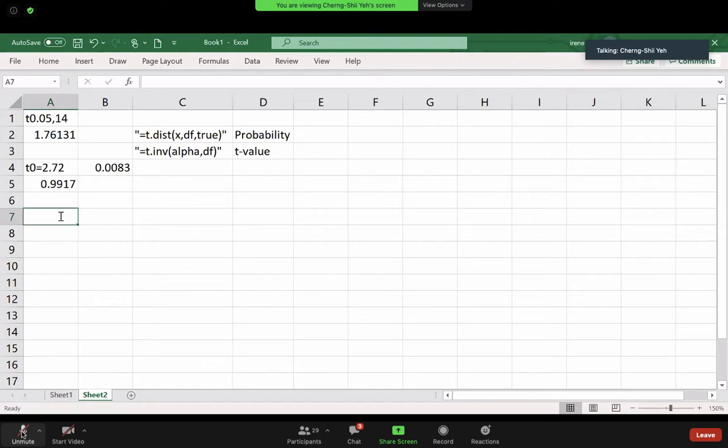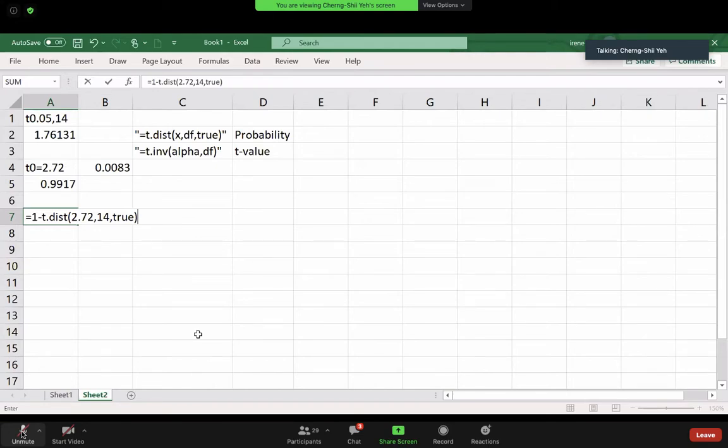So 1 subtract T.DIST. What is my x value? That's my t value, 2.72. Degrees of freedom is 14. Cumulative probability. What are we deriving here?